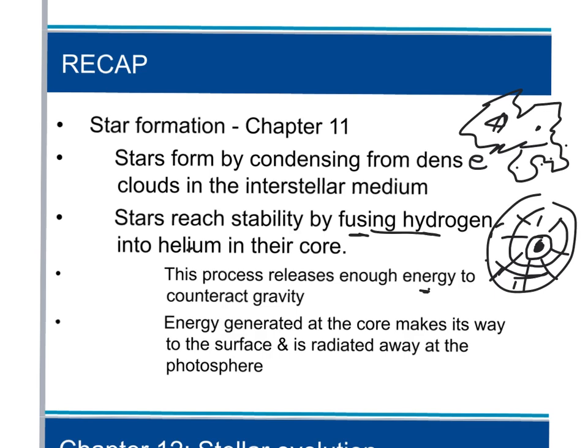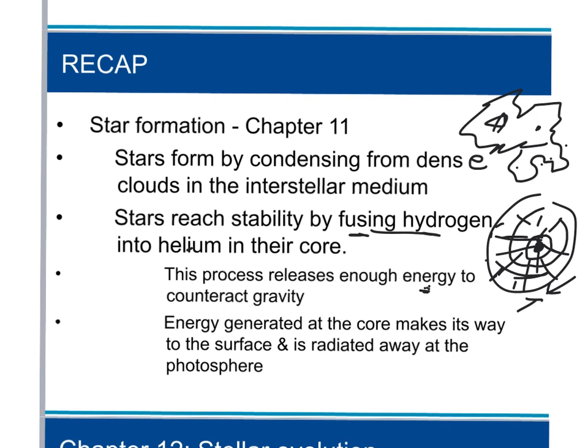Gravity in the core is pulling everything inward. If gravity won, it would collapse in on itself. But the energy within the core is enough that it's counteracting, pushing outward. Gravity is going to create enough pressure to close in on itself, but the energy from this fusion is greater than gravity, so it continues to push outward.